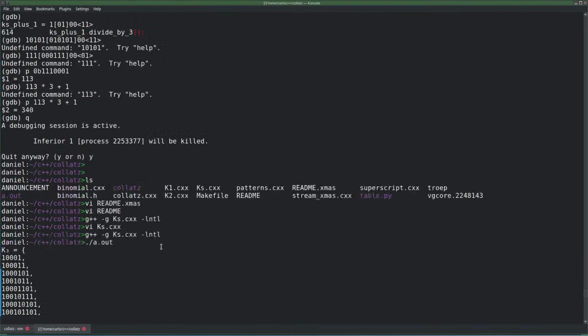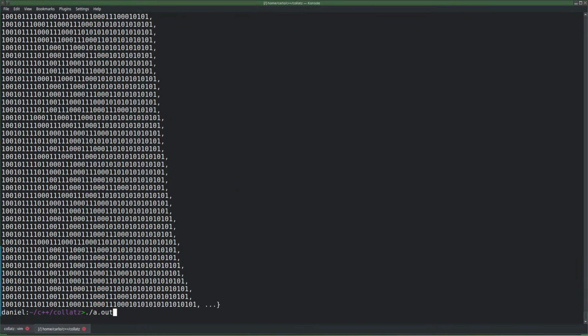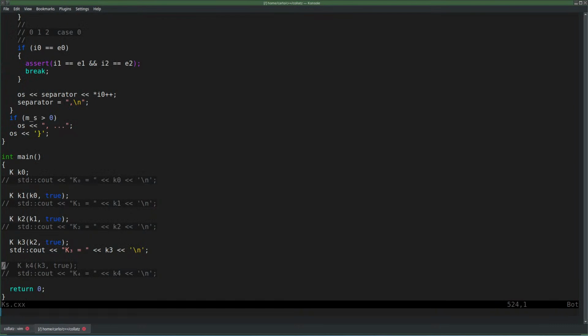No, I'm working on K2. This is the next step. So let's just print K2.